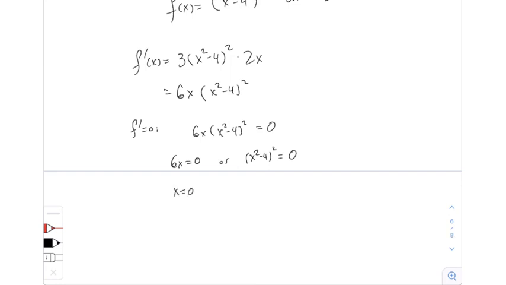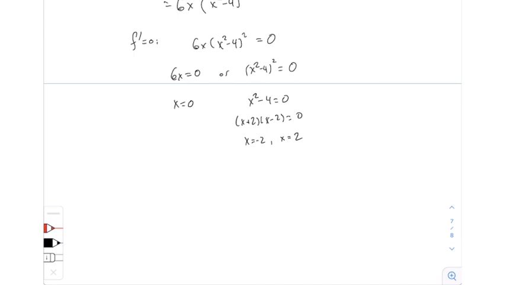And from x squared minus 4 squared equals 0, you can just ignore the square, like square root on both sides. You get x squared minus 4 equals 0. You could either move the 4 across and do the square root or factor it, x plus 2, x minus 2. And this gives me x equals minus 2, x equals 2. All right. So I hope you found 3 total critical numbers: 2, negative 2, and 0.